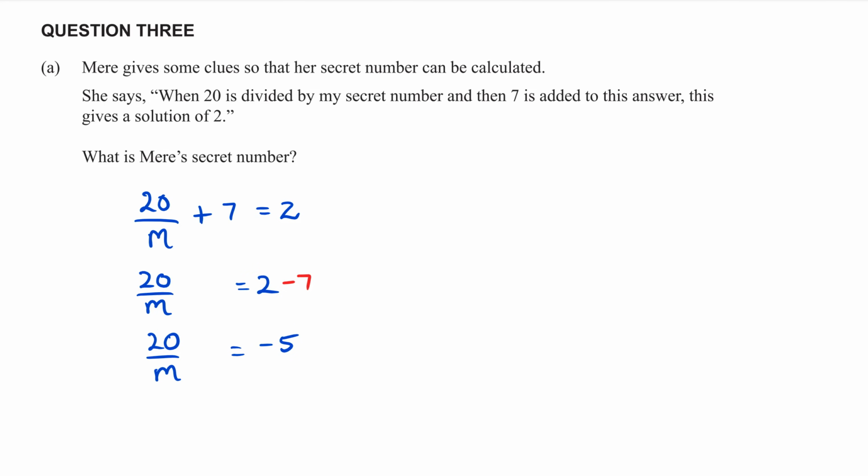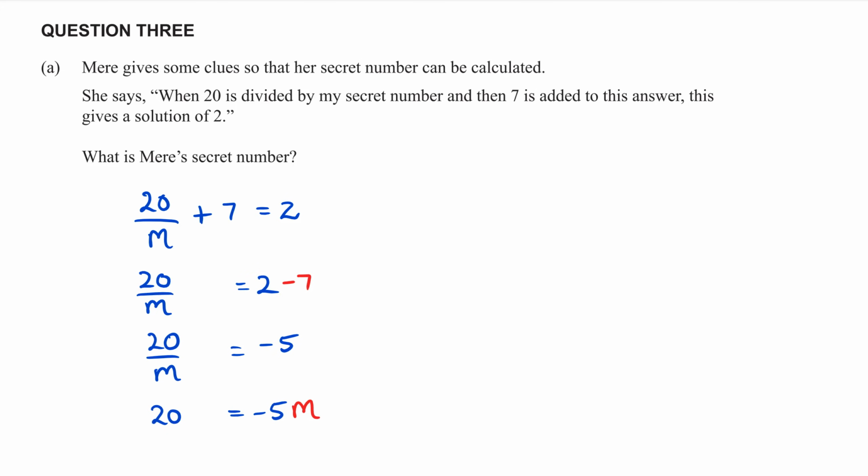Now at this point, when you have a fraction equals another number, you could just cross multiply and rearrange it real quickly. But since we are doing this the long-fashioned way, I'm going to show you guys. So bringing the M to the numerator, because I'm multiplying by M, because on the other side it was being divided.